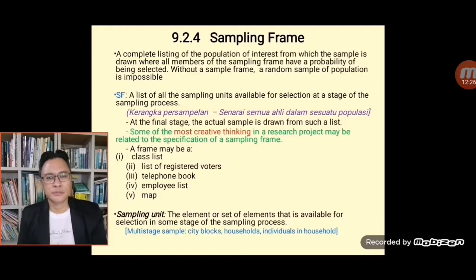Okey, itu. Sampling frame. Sampling frame tu kerangka persampelan. Okay, a frame may be first a class list, list of registered voters, telephone book, employee list, map, and sampling frame. So you might want to work very smart on how can you identify and restrict your search of the accurate sample size.